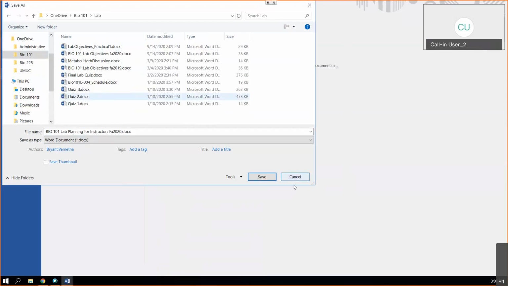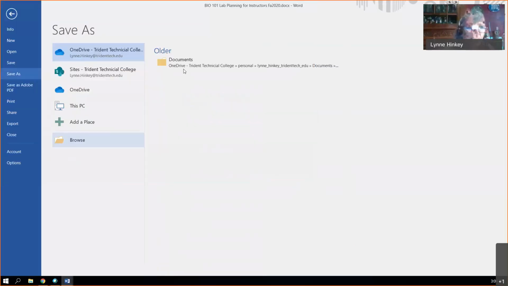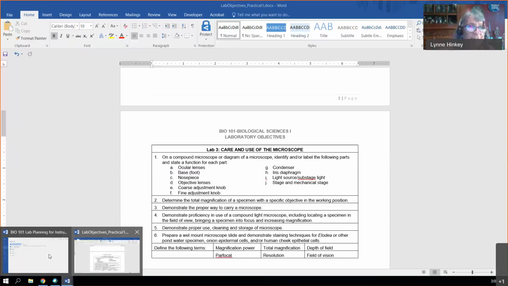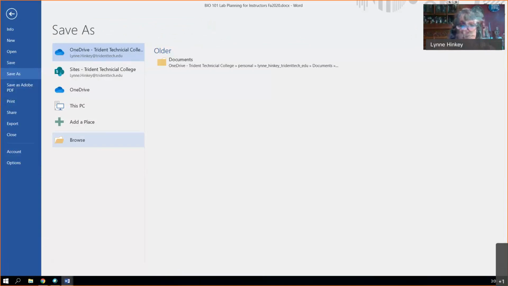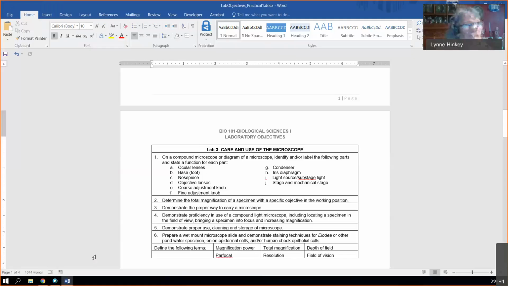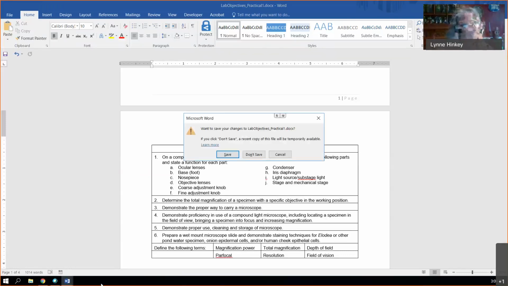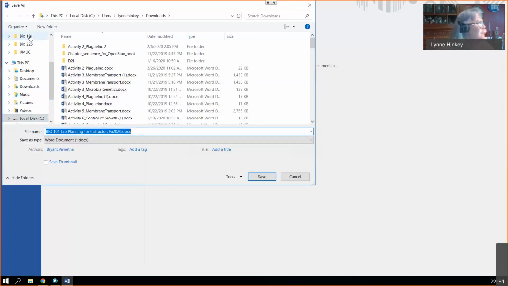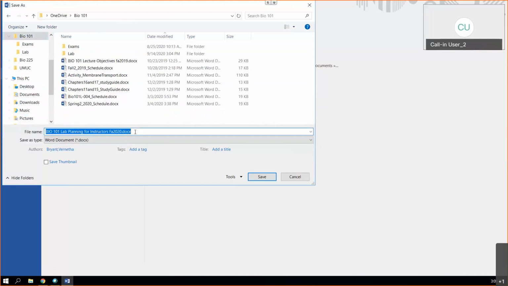All right. I picked Lab Objectives Practical 1, but I picked the wrong one. Those are old. Let me delete that file because those are last year's. I should have looked at the date on that. They are similar, but there's something you're not doing since we aren't in the lab. Oh, okay, I see, those are the ones you're about to remove.